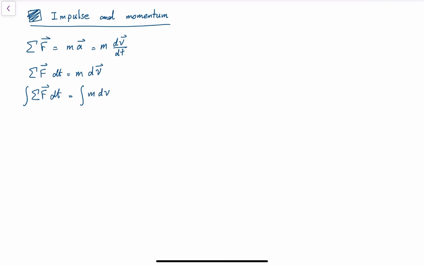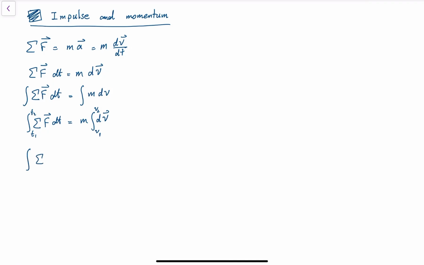Assuming that the mass is constant, sum of forces dt equals m integral dv. And this integral is easy if you're taking the integral from some time t1 to t2, and this integral from the velocity at that time v1 to velocity at that other time v2.